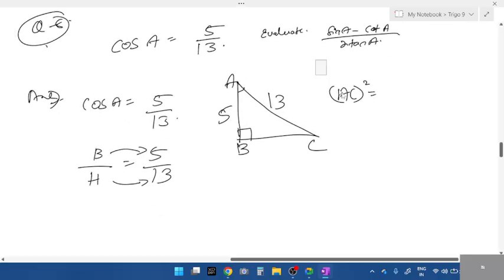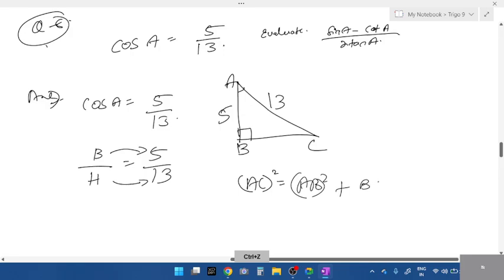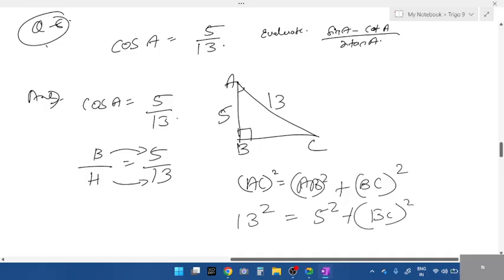Substitute sin, cos, tan. AC square is equal to AB square plus BC square. So that is nothing but the perpendicular value. Then substitute in the evaluate concept. Try this.